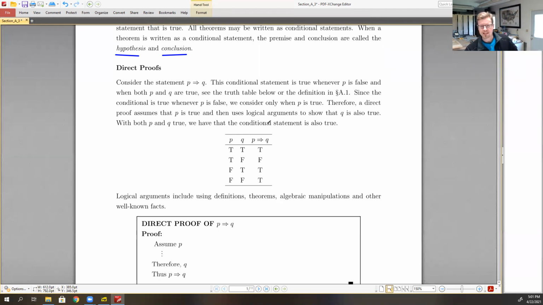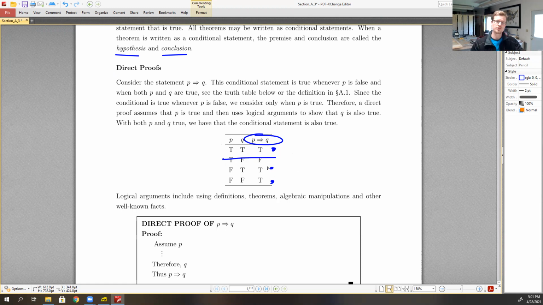But what do we really need here? Well, we want to show that the implication is true. So of course we don't want to have this situation, because that's when the implication is false. We're just looking to have one of these other three scenarios. Now, if the if portion is false, then we know that the implication is true overall.